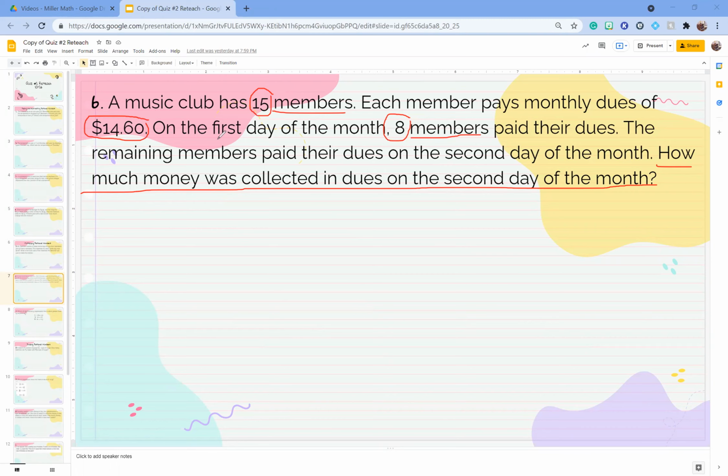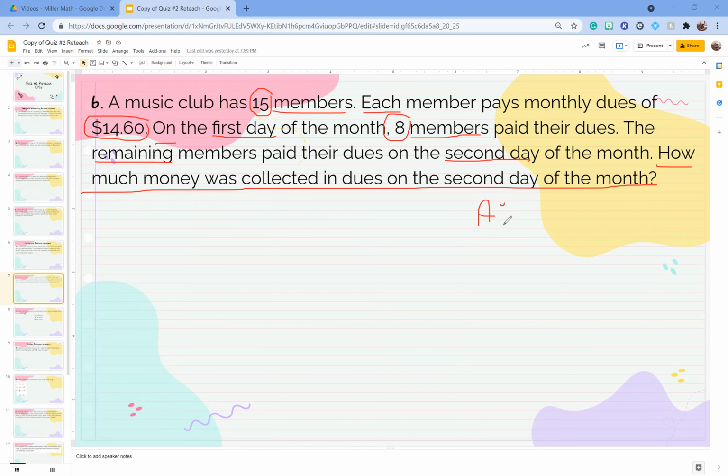Now some of our keywords. This right here is the first day. They're asking for the remaining. So that's usually going to tell us that we have to subtract. And we're looking for the second day. Another keyword here is each, because that's every single person that shows up.